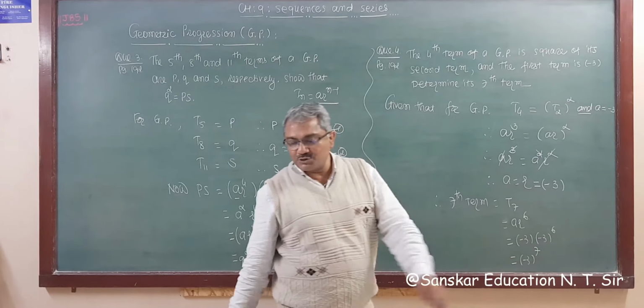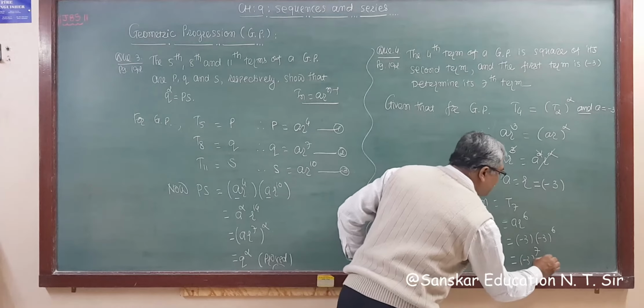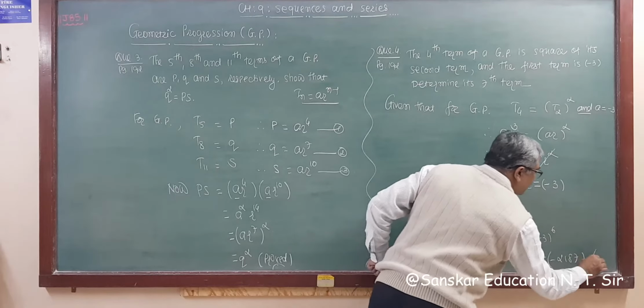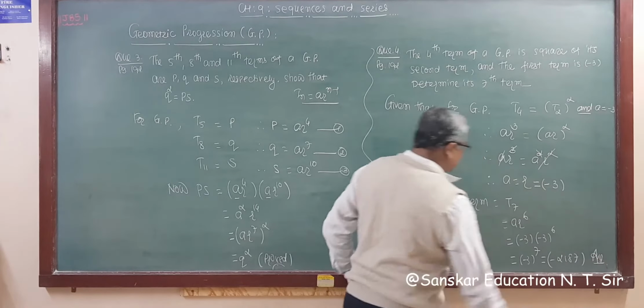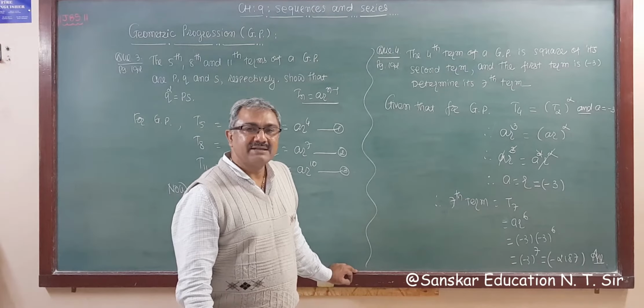And minus 3 raised to 7 is minus 2187, so the final answer is minus 2187. So your 12th term is, sorry, the 7th term is minus 2187.